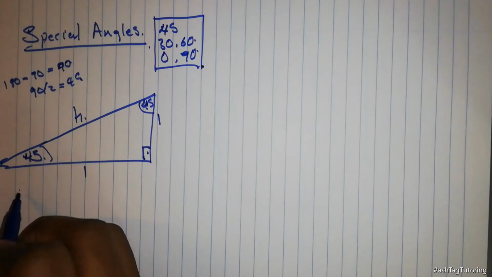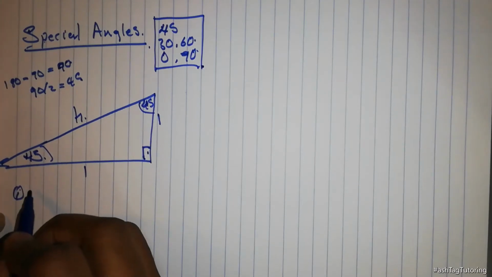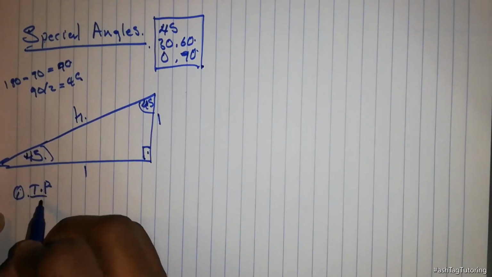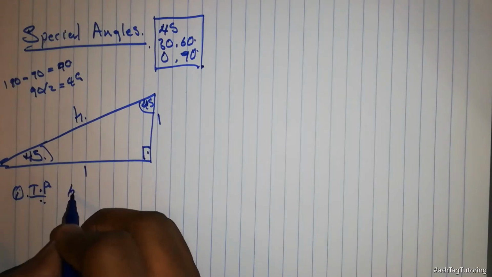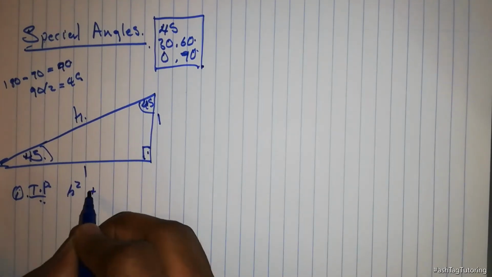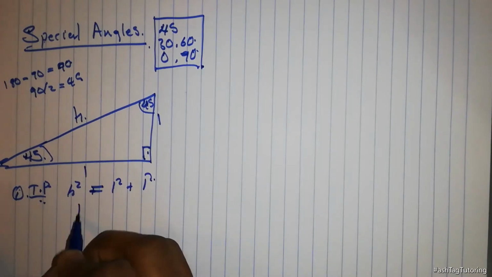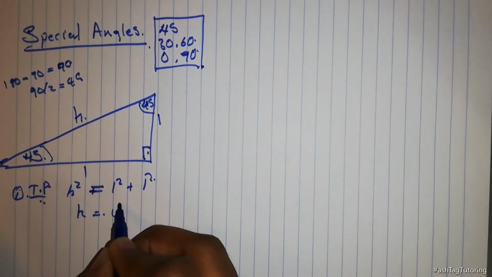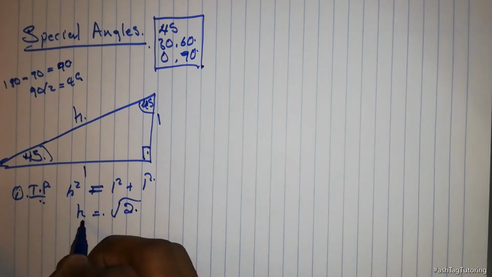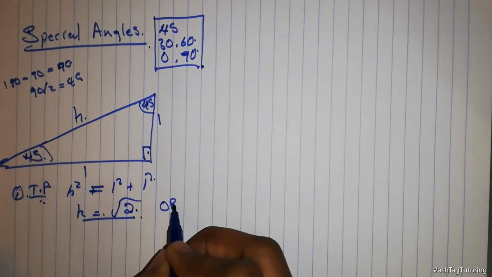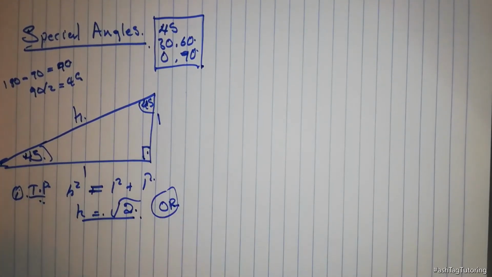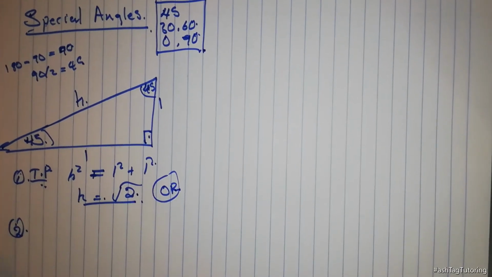Okay? To play around with the trig ratios, now you need to determine the value of h. You can use Pythagoras Theorem. So you have h squared is equals to 1 squared plus 1 squared. Therefore, gives you h is equals to a root of 2. Okay. Well, another way of determining the value of h, one can actually use the trig ratio.